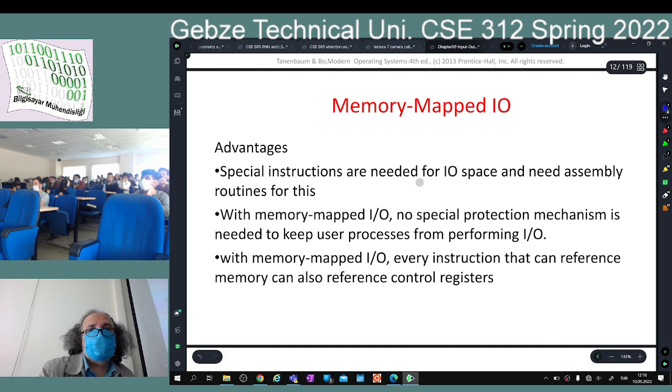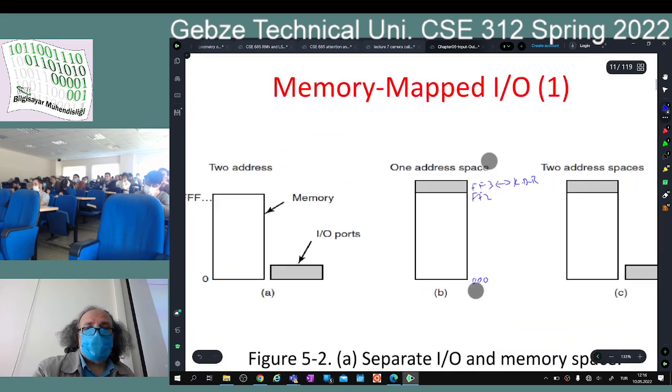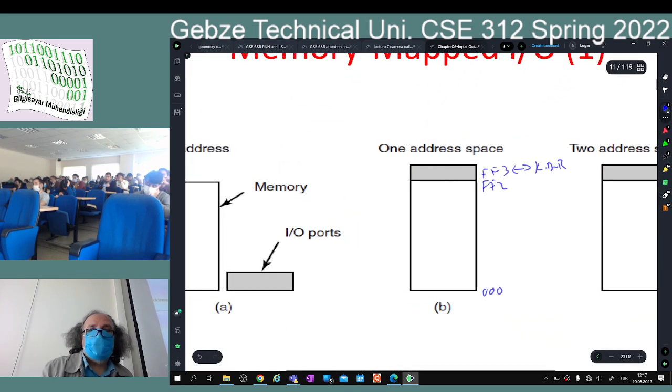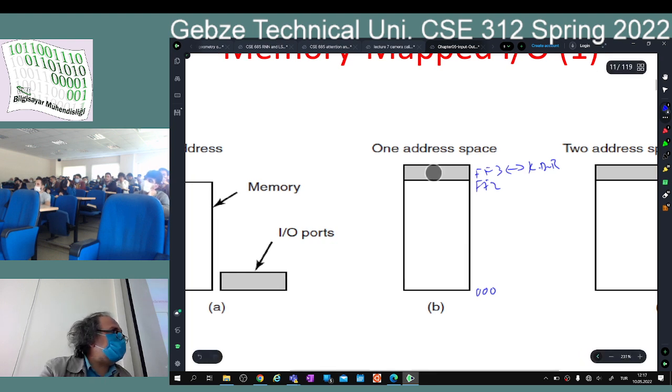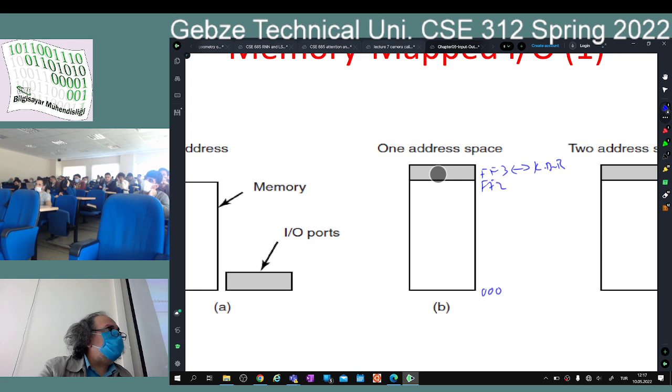Special instructions are not needed for the I/O space. But with memory mapped I/O, this part of memory is not cacheable, right? Can you think about why?